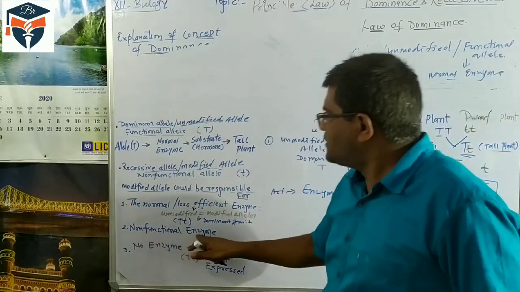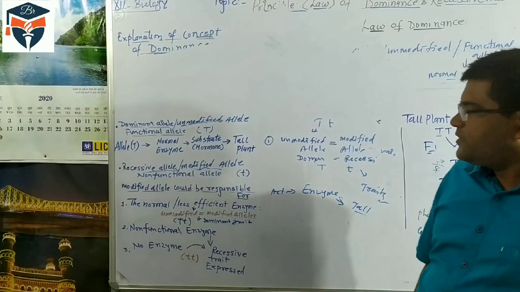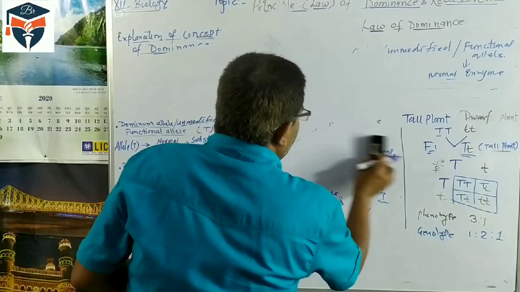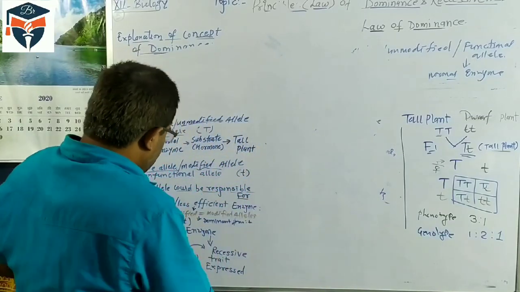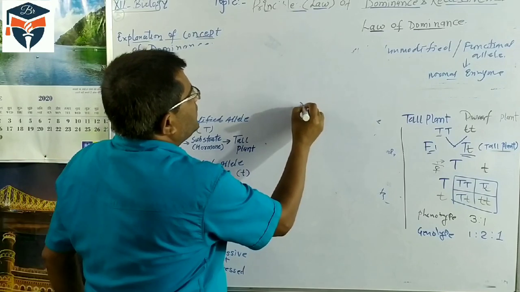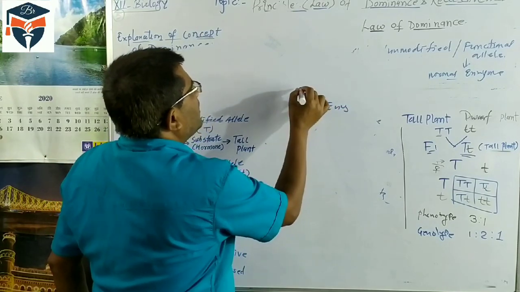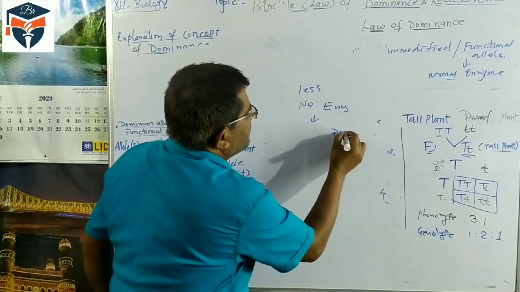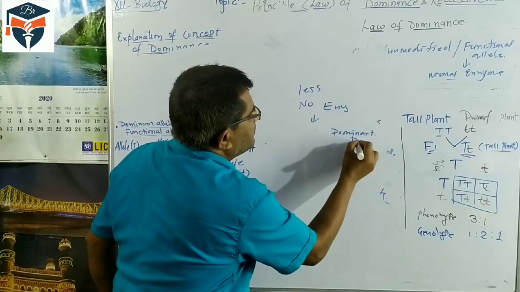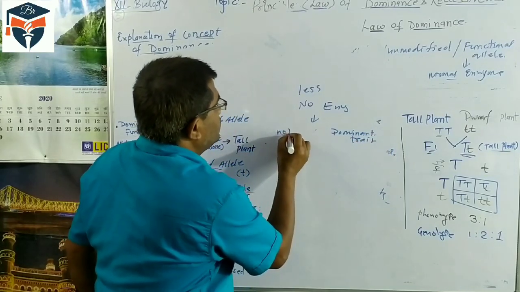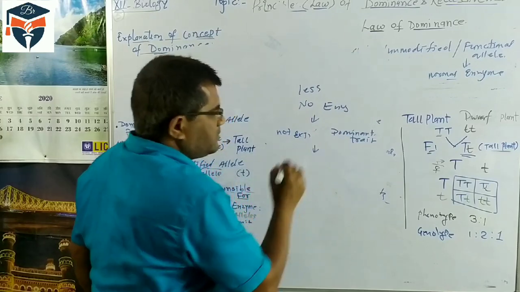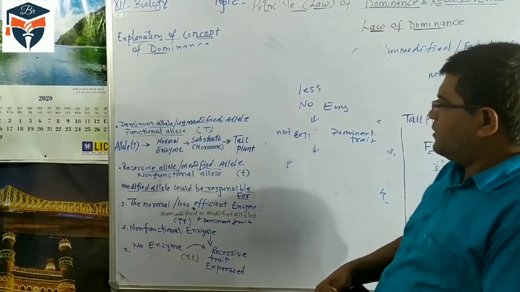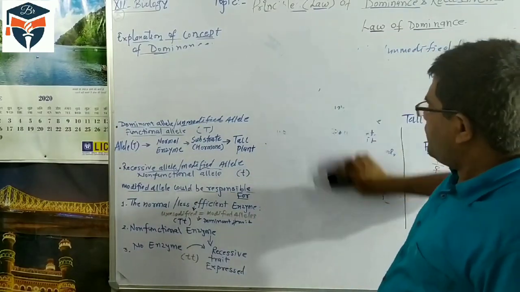But if non-functional enzyme or no enzyme is there, meaning no enzyme is synthesized or less enzyme is synthesized, then the dominant trait will not be expressed. So which will be expressed? In such cases, the recessive trait is expressed. Try to understand it simply.